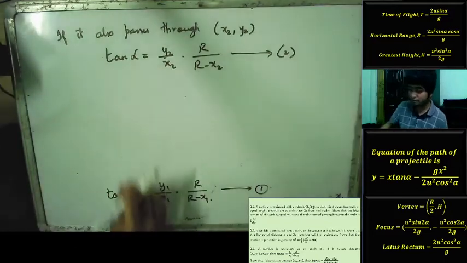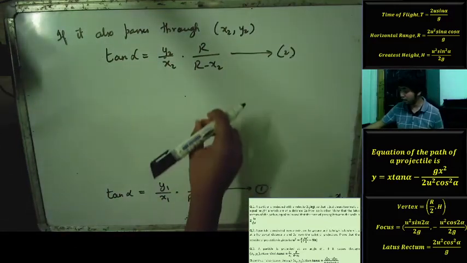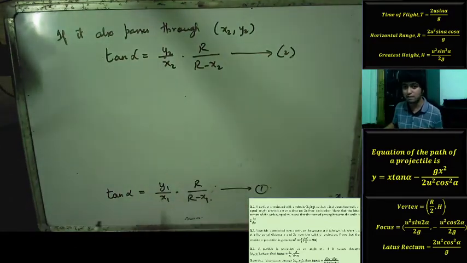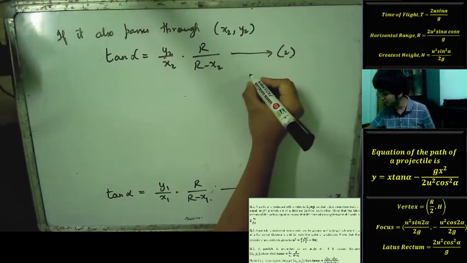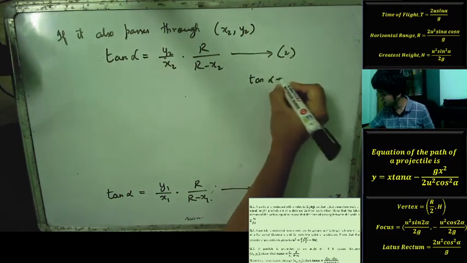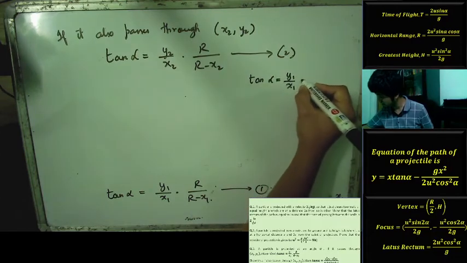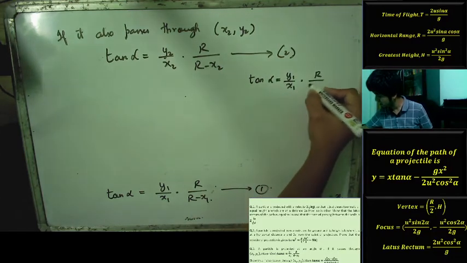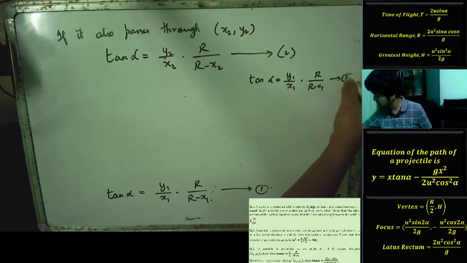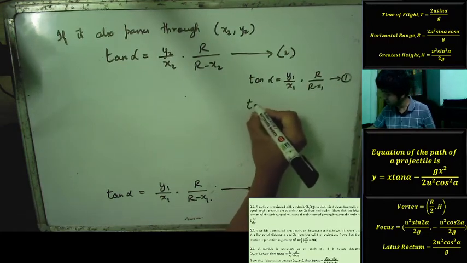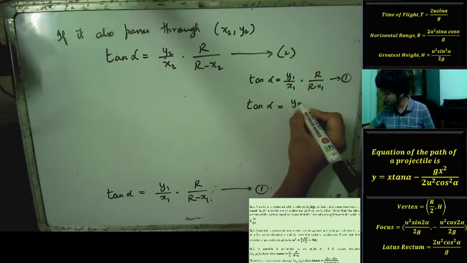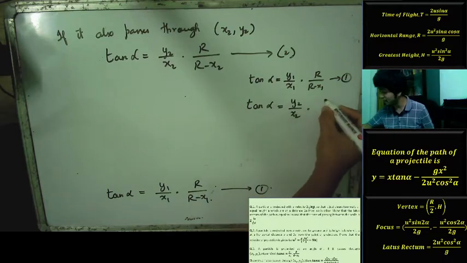So now what we can do is, I want to keep these two equations, so maybe I will just write them to the sides. This one is the first equation, r minus x1. So this one is equation 1. I'm just rewriting it because I know that I will need them again.